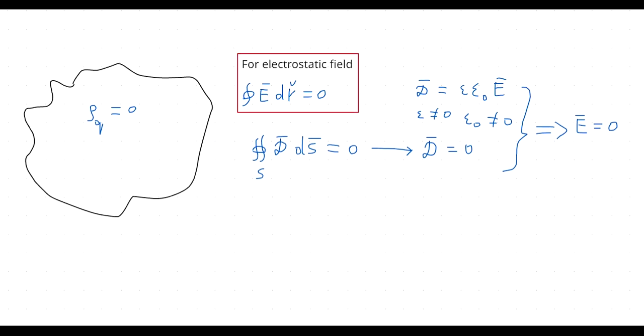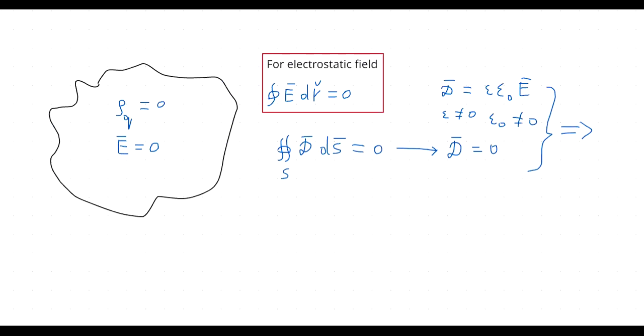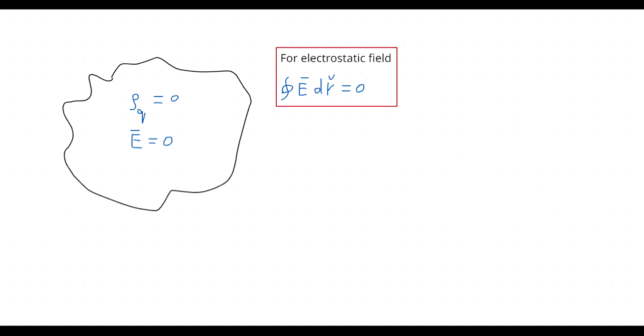So we have that inside the conductor, electric field intensity is equal to 0, and there are no free charges inside the conductor, because all free charges will be on the surface of the conductor, only on the surface.